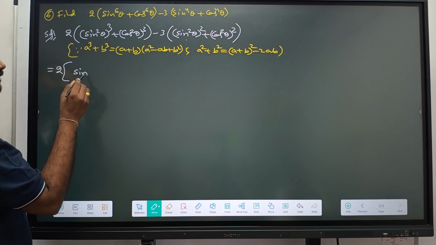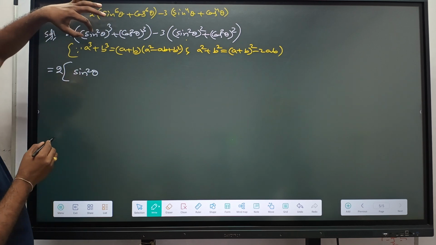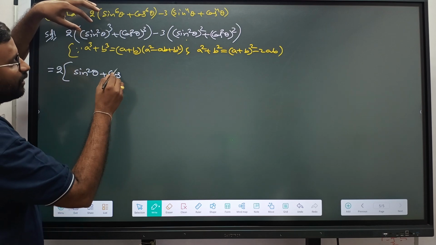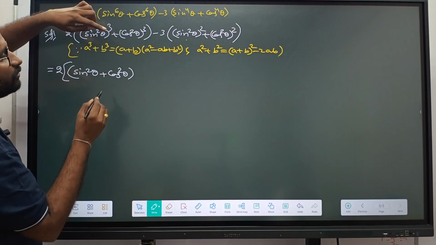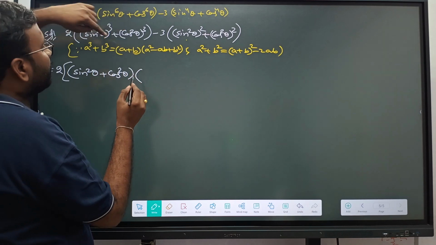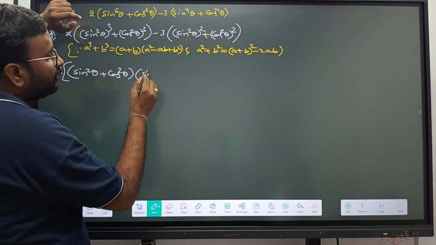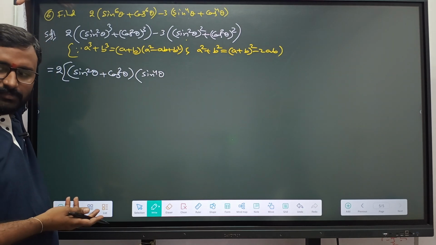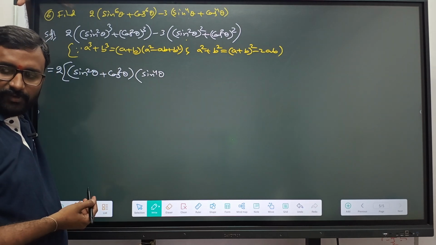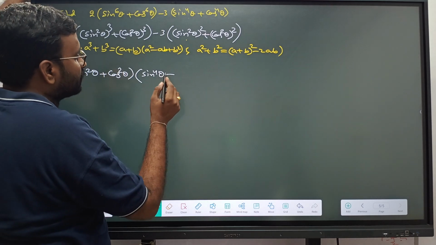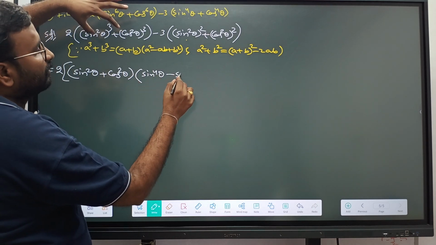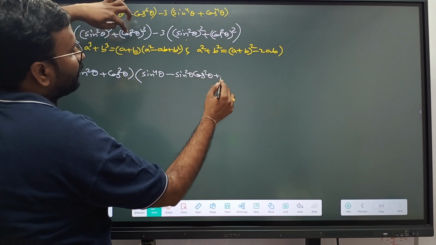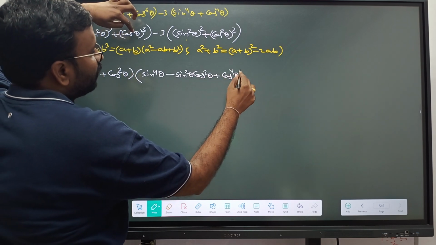So this is equal to 2 into (a cube plus b cube), a plus b. What is a? Sin square theta is a, and b is cos square theta. Into a square minus ab plus b square. A square means sin square whole square, sin power 4 theta, minus a into b, sin square theta into cos square theta, plus b square, cos power 4 theta.